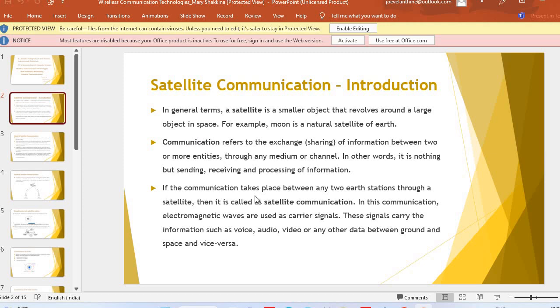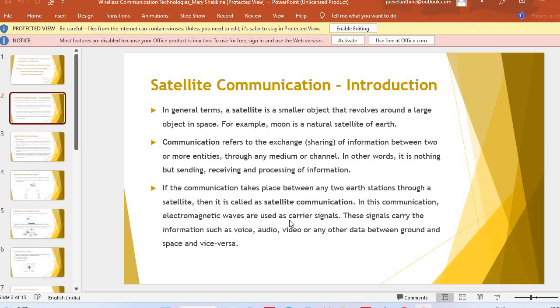If the communication takes place between any two Earth stations through a satellite, then it is called satellite communication.